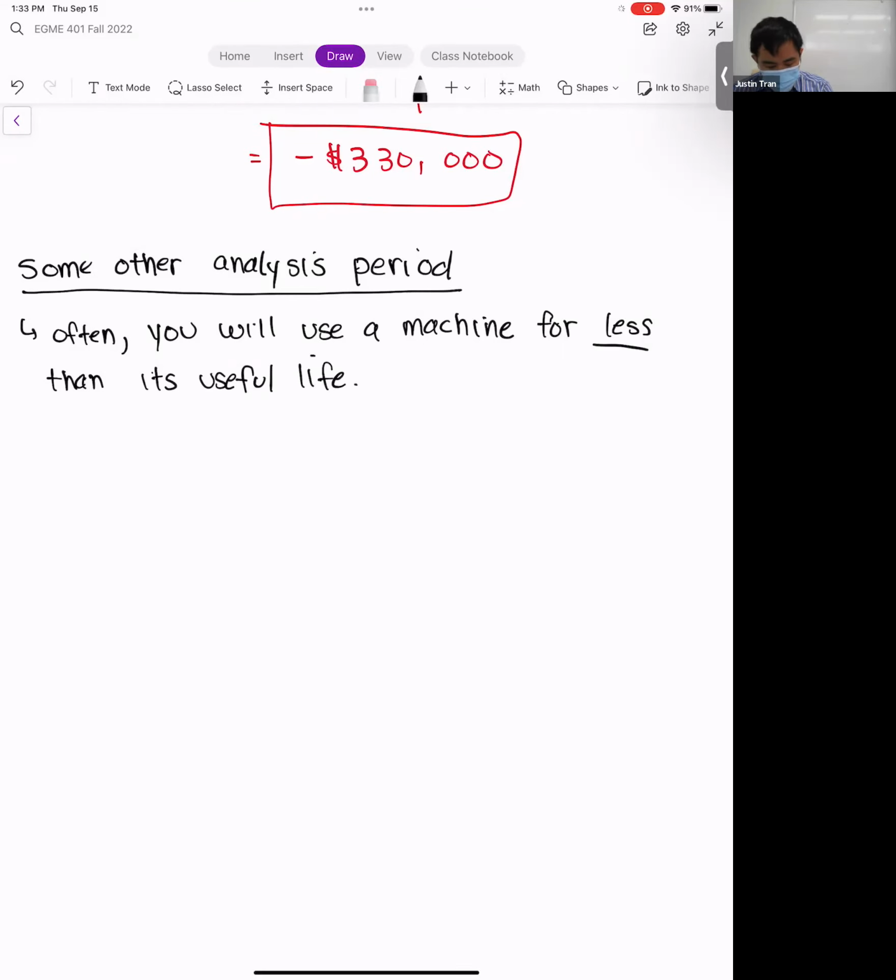And so say you bought a machine and it's rated to last for 12 years, but the project you're working on is only going to last 8. At the end of those 8 years, you're going to sell the machine, or you're going to salvage it early.